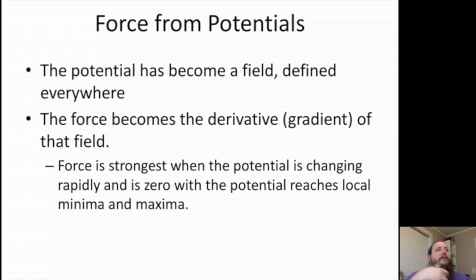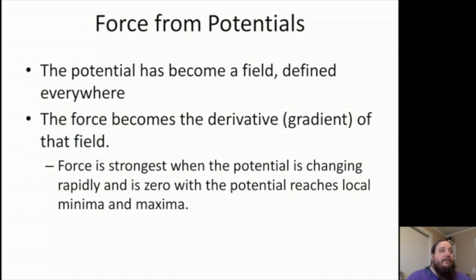And in this way of looking at it, the force becomes the derivative. It becomes the rate of change of that field with respect to position, right? So the faster your energy field is changing, the faster the potential energy is changing, the larger the force.